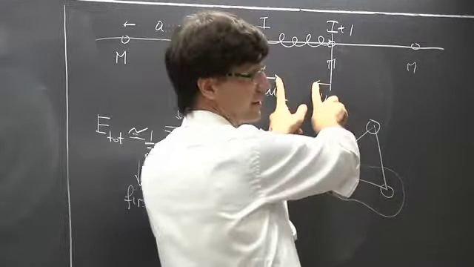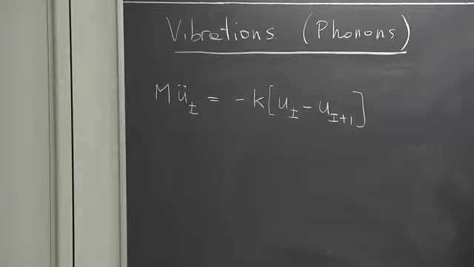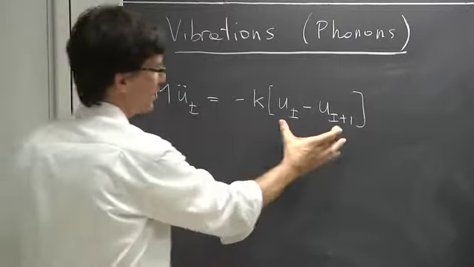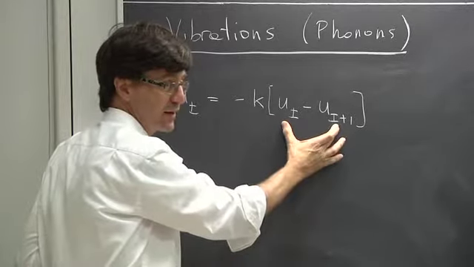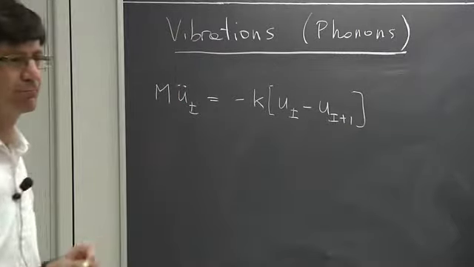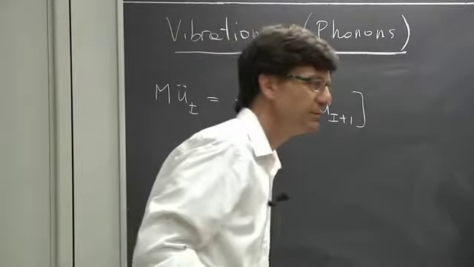So what really counts is the distance between I and I plus 1, which is the difference between Ui and Ui plus 1. So the force felt by I due to atom I plus 1 is going to be given by this term. It's essentially how much I reduce the length of the spring. Is it okay?